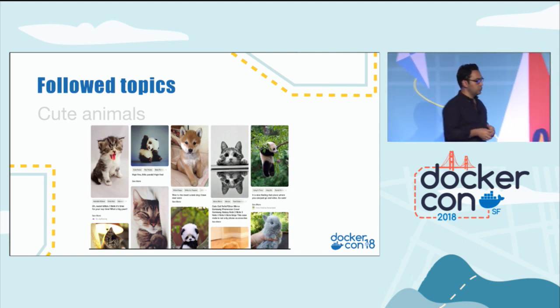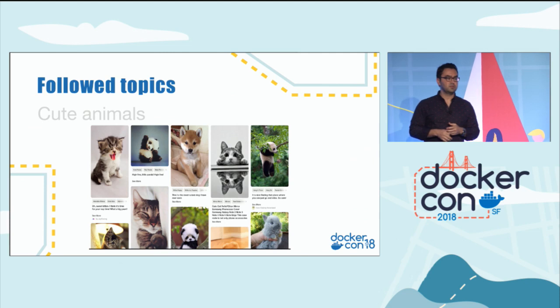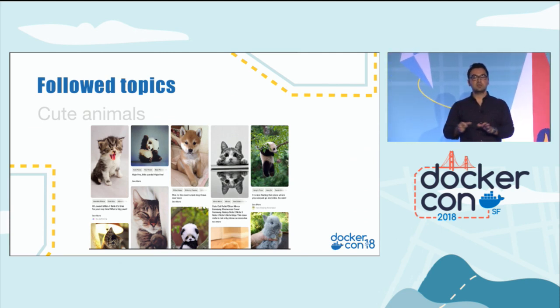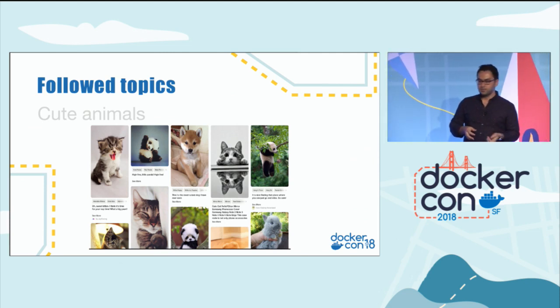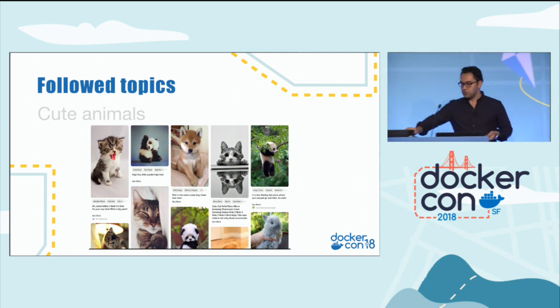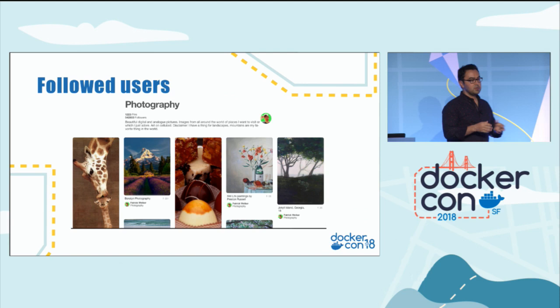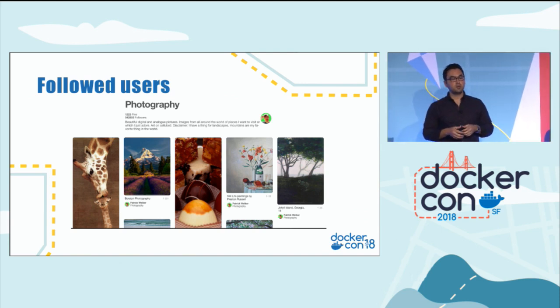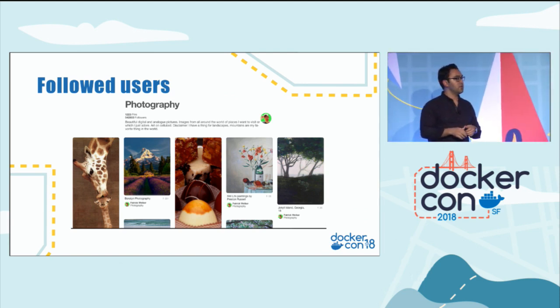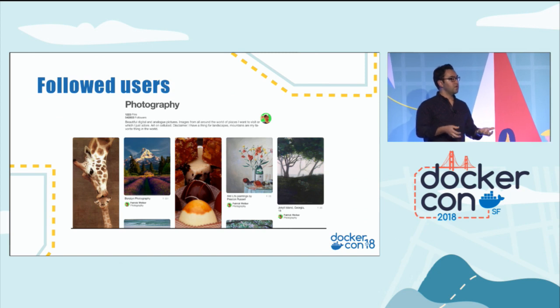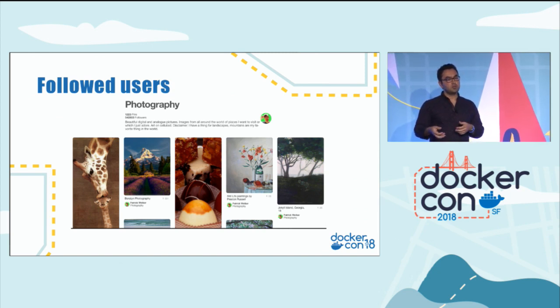So let's say you follow the topic of cute animals, and we have a whole bunch of pins associated behind every topic. The other one can be the users that you follow. So let's assume that you have followed this user with the name of photography. So we have a whole bunch of pins behind every user that they have pinned, and we also know the users that this particular user has followed.